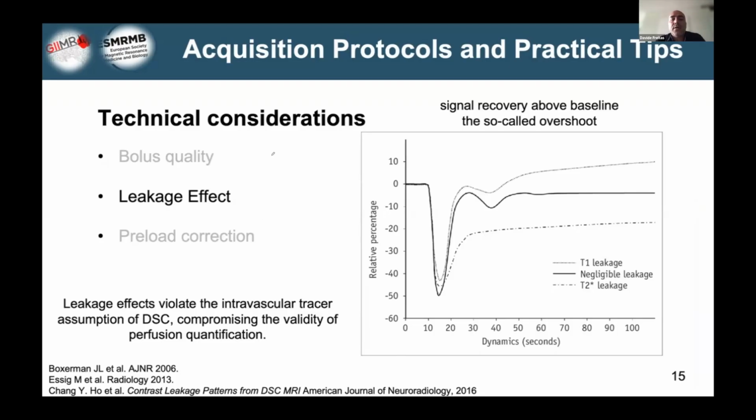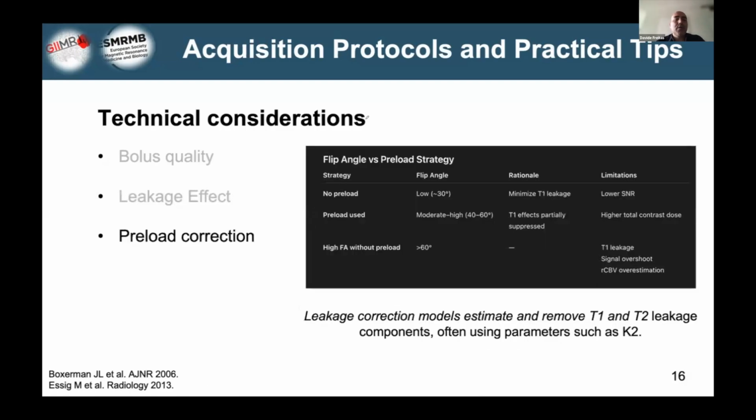In tumors, particularly high-grade gliomas, disruption of the blood-brain barrier allows gadolinium to extravasate into the interstitial space, and this introduces T1 effects that counteract the expected signal drop, often leading to the signal recovery above the baseline, the so-called overshoot, that can cause problems in the interpretation of the curves. So we must take some actions to reduce this problem, and one of these is the preload correction.